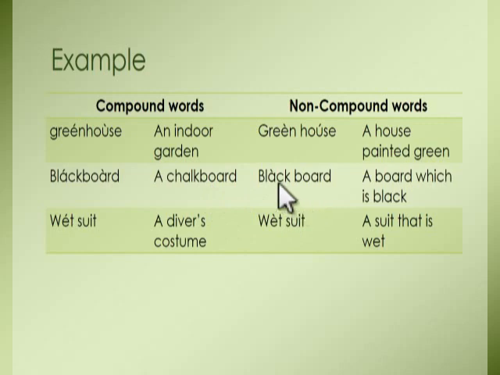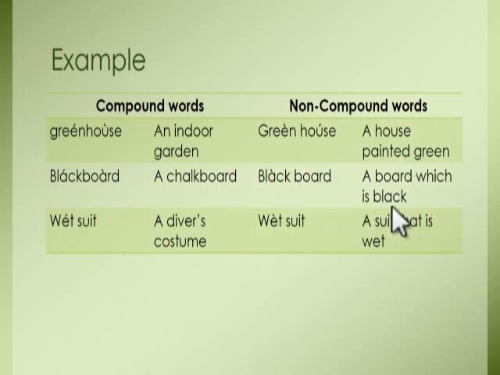While for blackboard, sorry, there is stress here. Blackboard. Okay, this is a board which is black. Okay, the other one, wet suit, a diver's costume, while wet suit, a suit that is wet.